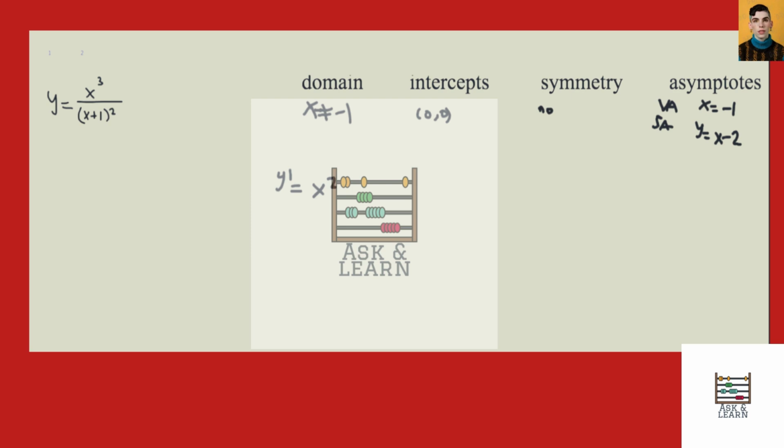And now we can look at y prime. Y prime is x squared times x plus 3 over x plus 1 cubed. Set that equal to 0. I'm going to need a bigger line than that. And we get x equals 0 and x equals negative 3. So let's say this is f prime.